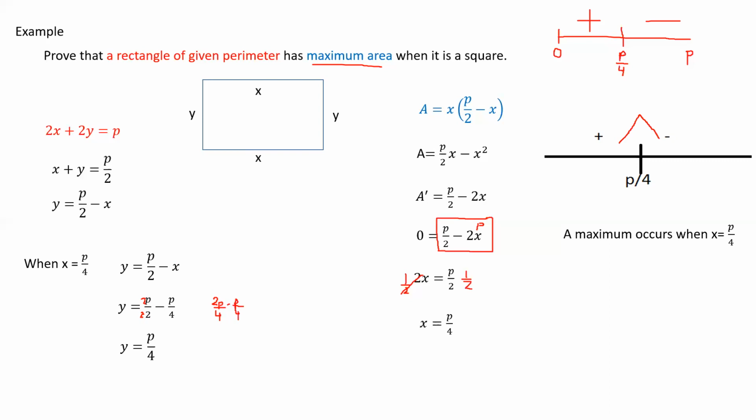Denominator is 4. 2P minus P is P over 4. So what does that do for us? So the dimensions of the rectangle then are P over 4 times P over 4. And that shape must be a square. So when you have a rectangle of given perimeter, the maximum area gives you a square.